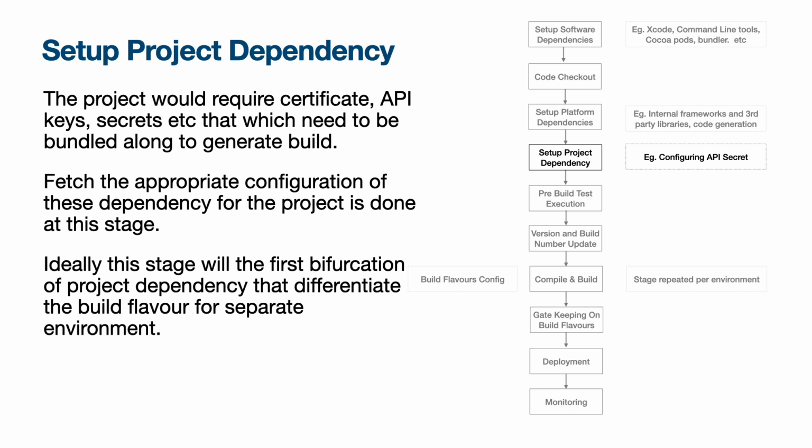Particularly secrets, right? From a security point of view, secrets never get committed to the source control because if the secrets get leaked, there could be a potential attack surface where a malicious intruder can use the secret to access the internal organization systems. So the pipeline also has a provision, something called a vault, where the secret will be stored in an encrypted format, and during build time, it will be fetched and bundled into the package that we have generated.